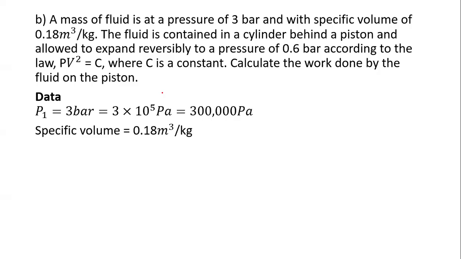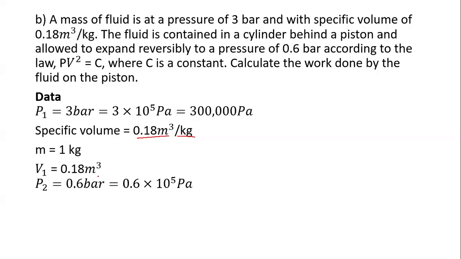But we have to interpret this. It's saying cubic meters per how much? Per 1 kg. Meaning that from here, I already have V1. First of all, I have mass 1 kg. And I also have V1 as 0.18 cubic meters.